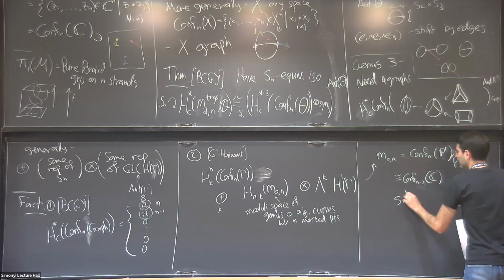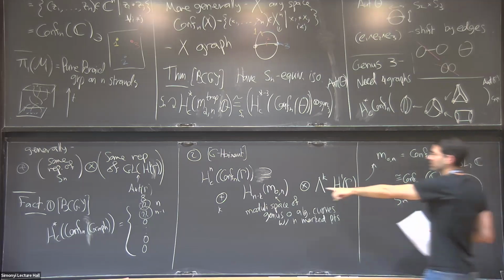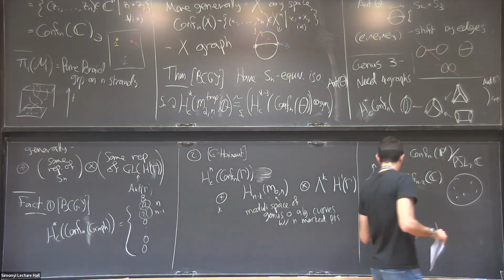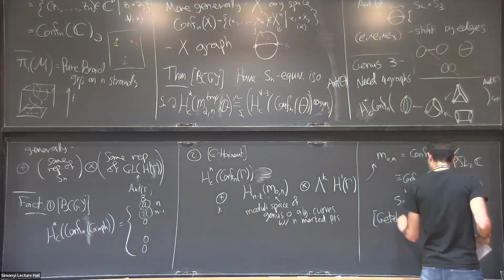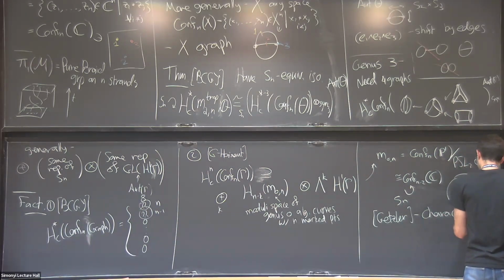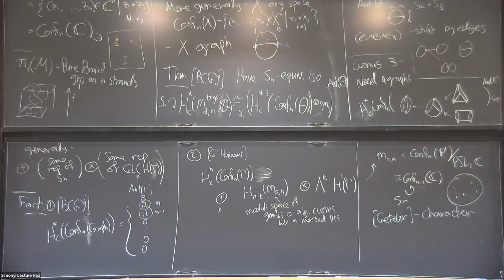So S_n is acting on this. And the representation that shows up here was already calculated in the 90s by Getzler. He gave a formula for the character, among other things. So in principle, we know what this is. At least we have a generating function for the character of this representation.